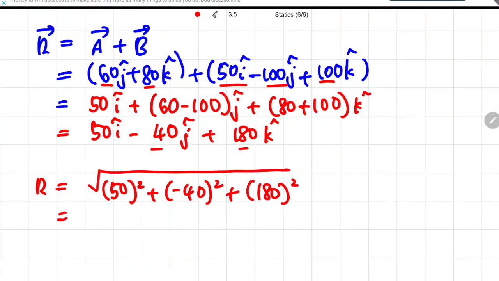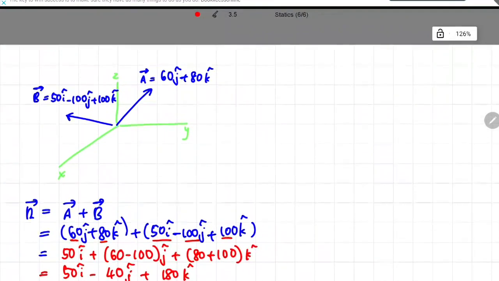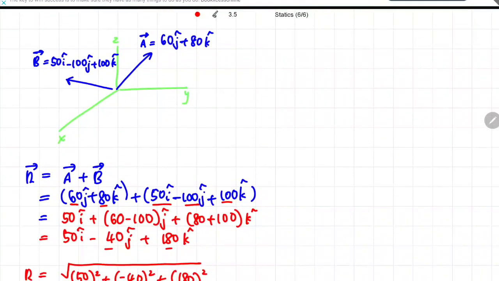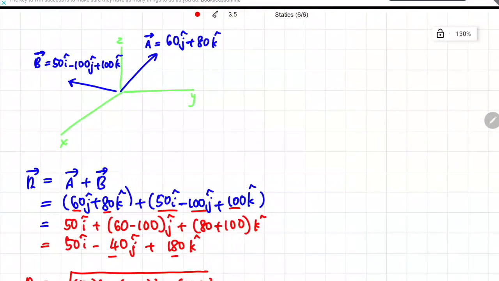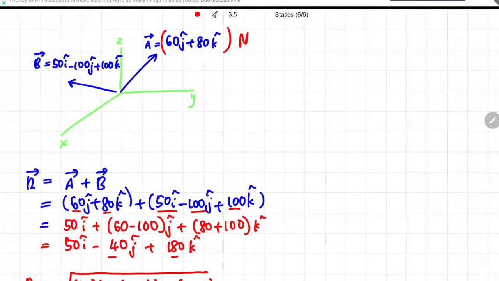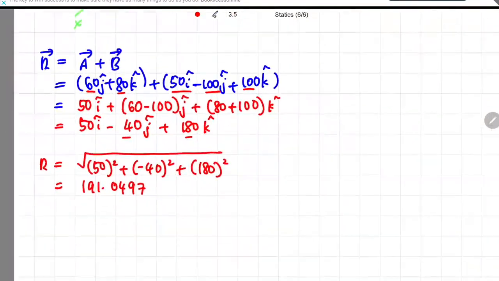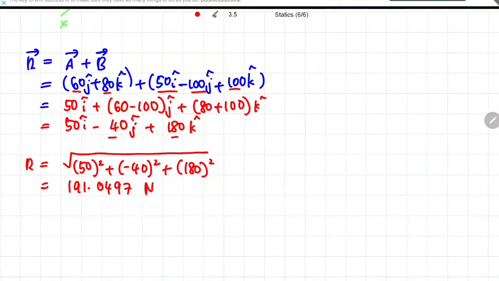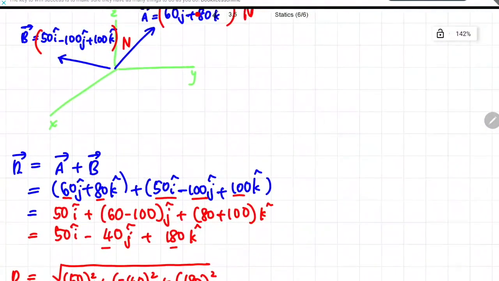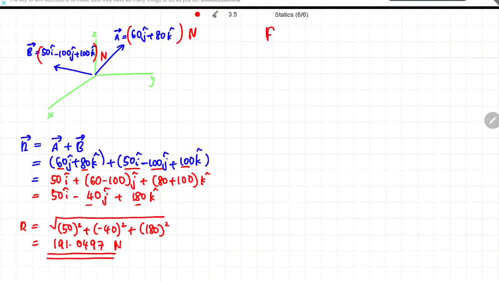Okay, pakai calculator je and you will get a corresponding value of 191.04. And what is the unit? Oh, the unit is not given in the question. So let's just assume the unit for this vector is in Newton, and vector B is also in Newton. So the corresponding magnitude for the resultant vector is 191.0497 Newton.